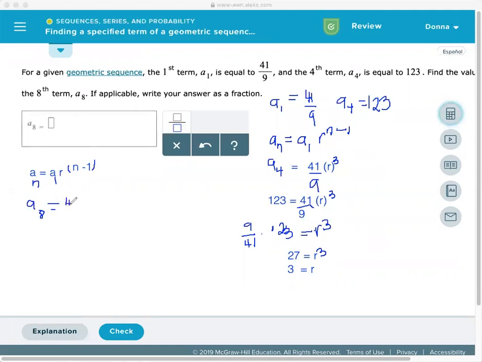So 41 over 9 times r, which was 3 to the second power. And 3 to the second power is 9. So then these are going to cancel. So 3 squared and 9 will cancel, and we'll find out that our 41 is our eighth term.